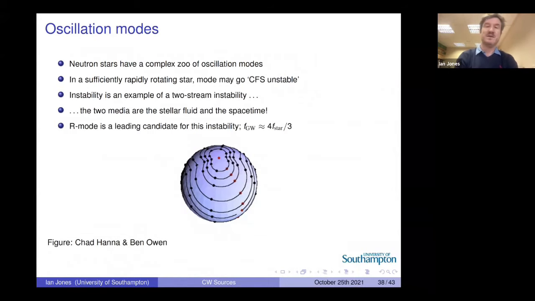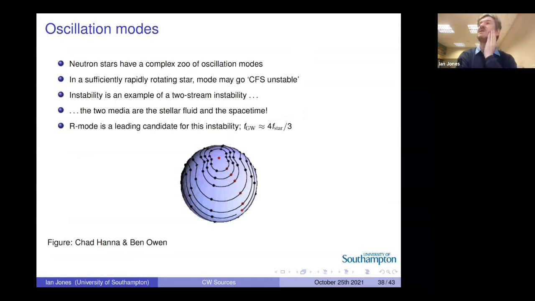But the real reason why people got very interested in them was a discovery by my colleague Niels Andersson and Kostas Kokkotas that they can go unstable in a certain sense. And this is the so-called CFS instability. So that's Chandrasekhar, Friedman, and Schutz, the discoverers of the instability.